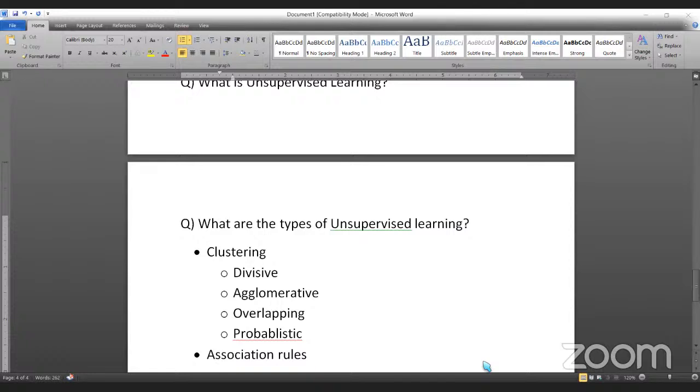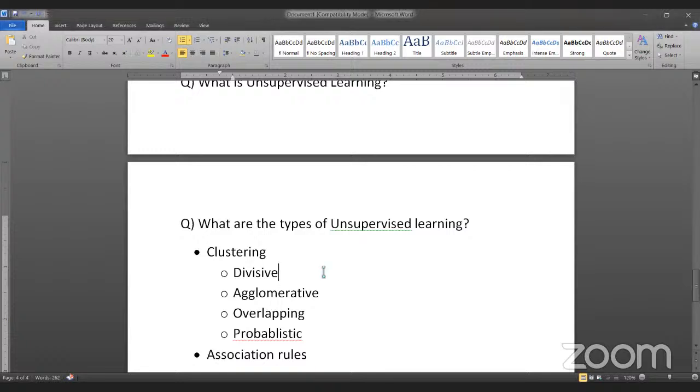Then we iterate, combining the two nearest clusters with each other, so that the number of clusters is reduced. In divisive, the example is k-means. Agglomerative example is hierarchy.